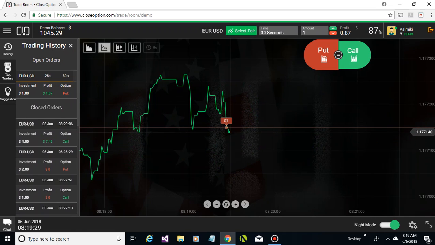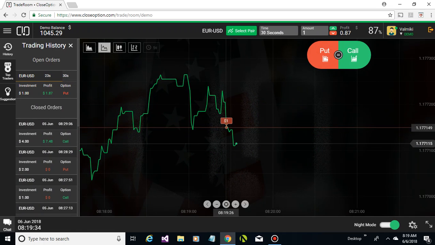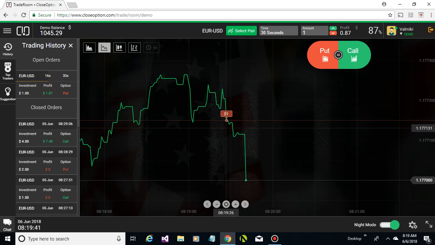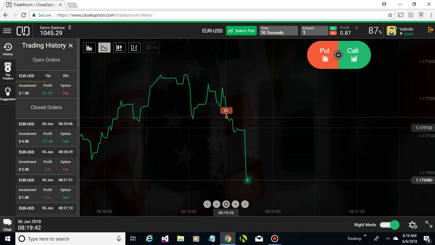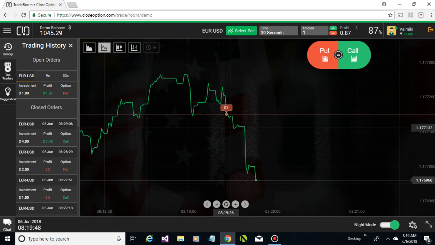So there you see the execution of the put at this particular price. And our prediction was correct. It did go down, but it could just snap back and come back above the line, which will be a loss. So it's all based on a judgment call. But in the end, by using martingale, as long as you make it within 10 progressions, you should make a net win. So in this case, it's a win.